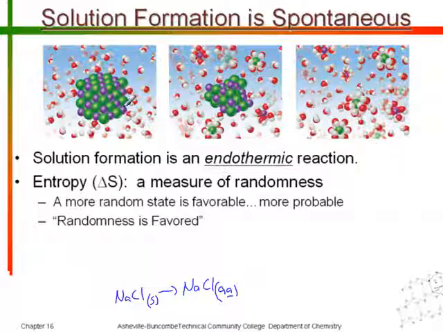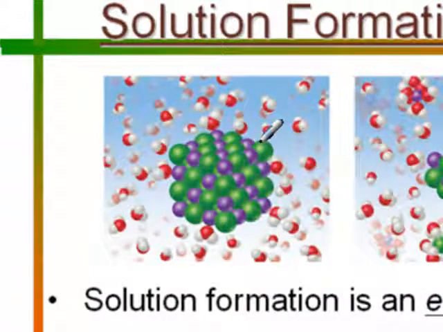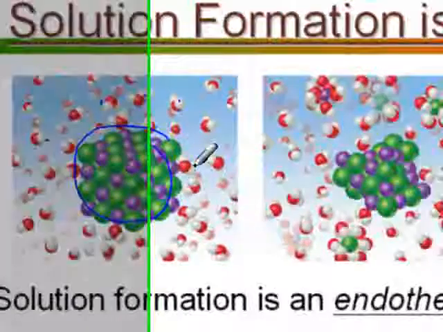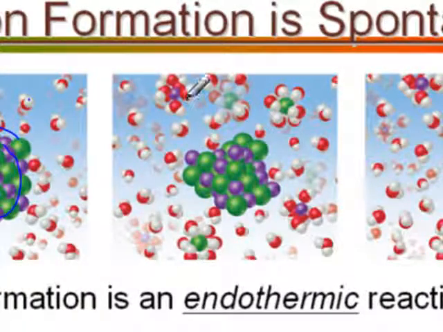We can see the schematic diagram here. We have this block of sodium chloride and these individual water molecules, fairly randomly organized outside of the salt crystal, and as they come in, there's a particular association occurring between the ions in the salt crystal and the water molecules.